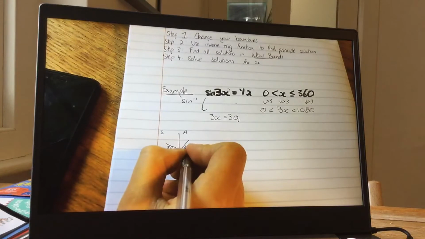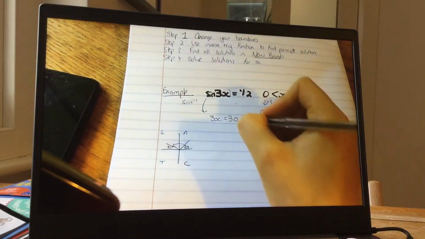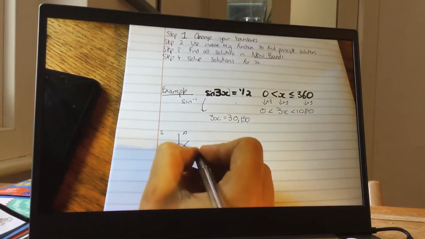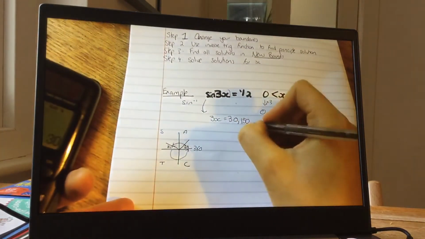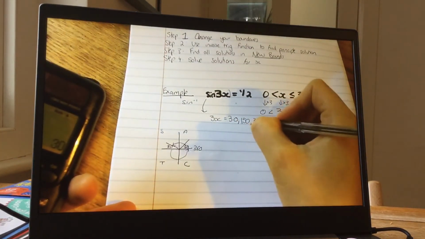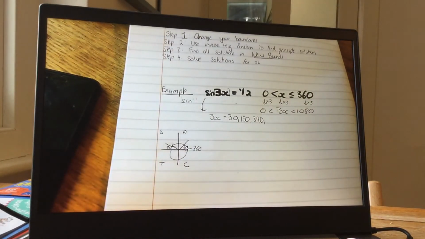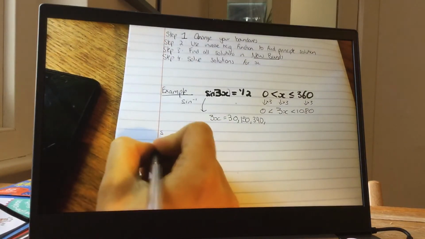So as I'm following this round, my first solution is 30, then my next one is 150, then one complete loop would take me to 360, so I add 30 more, that takes me to 390, then I keep going. If I take my 360 and add another 180 over here would be 540.